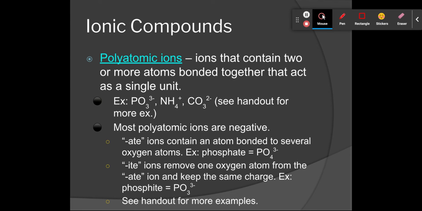The -ite ions remove 1 oxygen atom from the -ate ion and keep the same charge. So, for example, you have phosphite, where there are only 3 oxygens bonded to the phosphorus, but yet there is still a 3 negative charge. And once again, if you go back to that handout, there are more examples of different -ate and -ite ions.